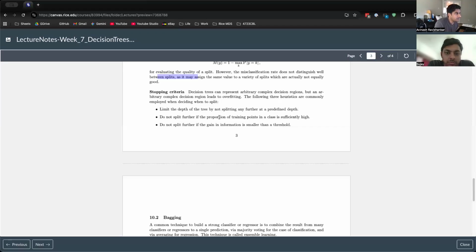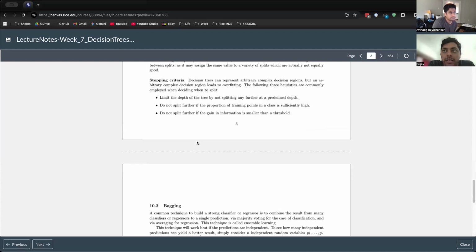Do not split further if the proportion of training points is too small. Do not split further if the gain in information is smaller than a predetermined threshold. Sometimes people also do not split if the number of training points is already less than some threshold, like less than 10 points.